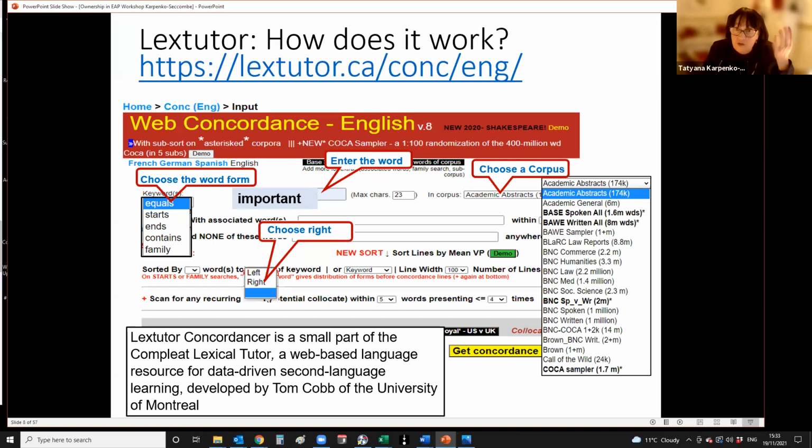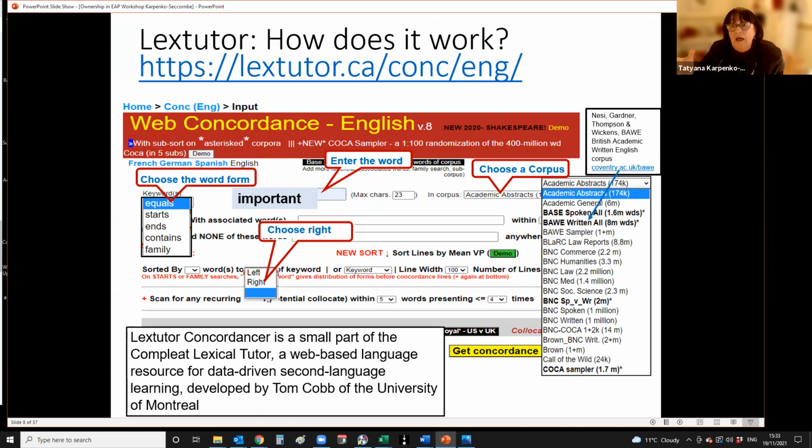People who haven't used LexTutor before, that's why I particularly like it, because it's got a choice of academic corpora. And in my situation, it's not always possible for students to create their own DIY corpora. So we've got here academic abstracts and academic general of 6 million.